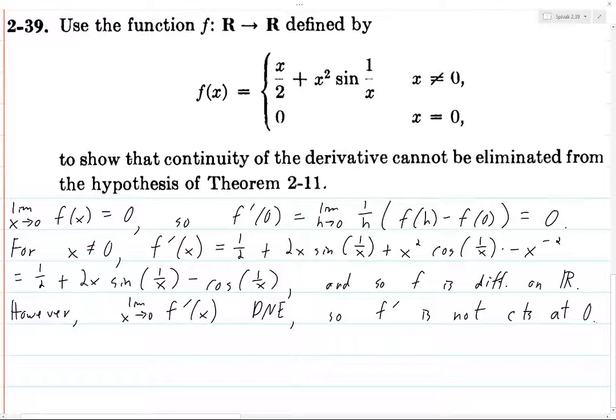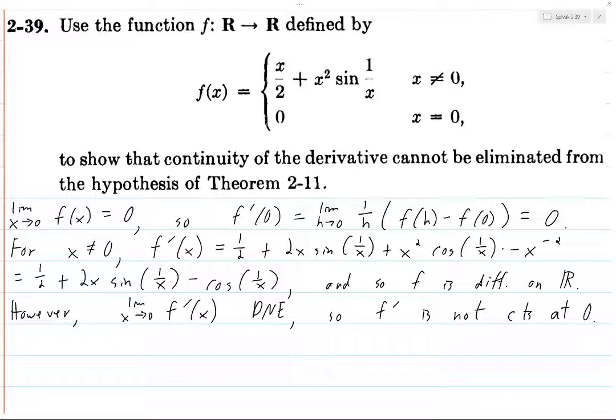So what does theorem 2-11 say when it applies? It says that if you have a function at a point, then first of all, you can invert the function within some neighborhood of the point, and furthermore, that inverse is differentiable, and it gives you a formula for the derivative of the inverse. Those later things aren't the things where we're going to run into problems.